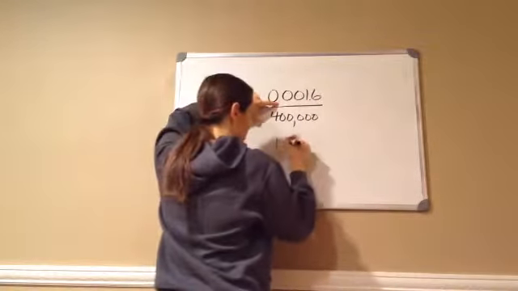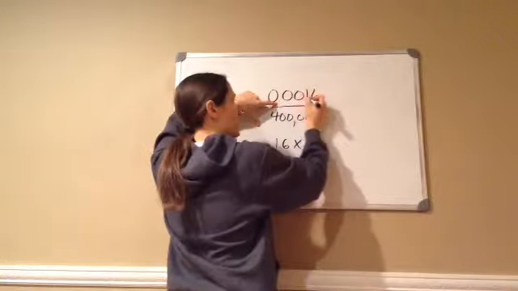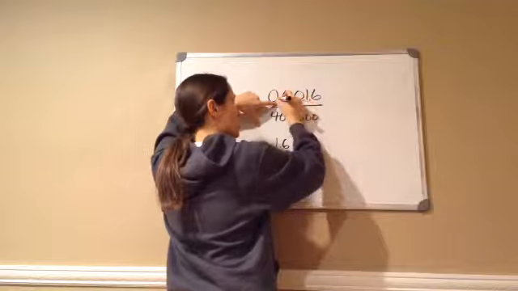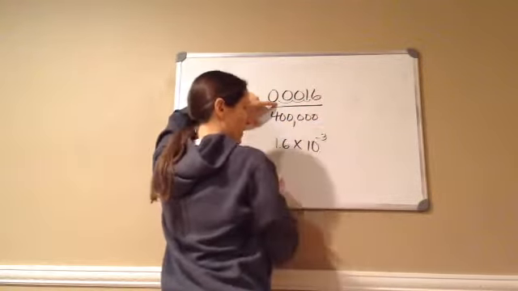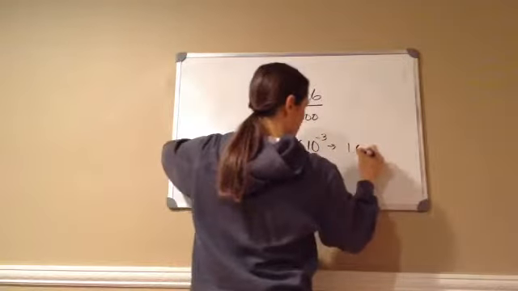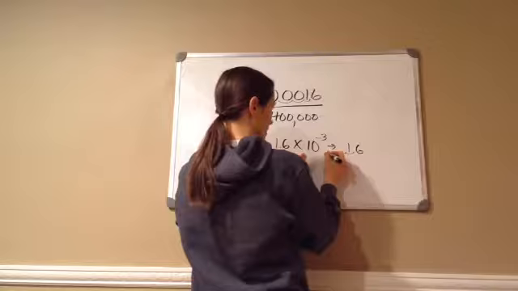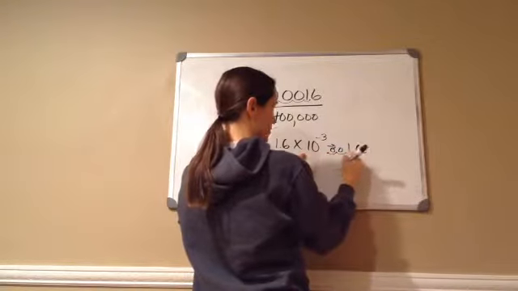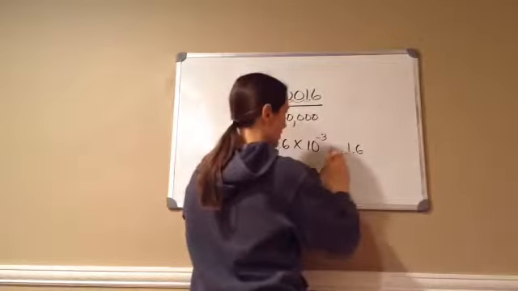So it's going to be 1.6 times 10, and since it's to the left, 1, 2, 3, I'm going to the left 3 times, so it's a negative 3. Let's check that to see if we're right. 1.6, and then I go to the left 3 times, 1, 2, 3. So I would have 0.0016. Okay, very good. So that means I did it right.